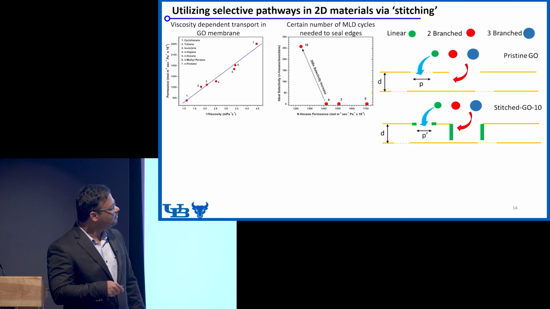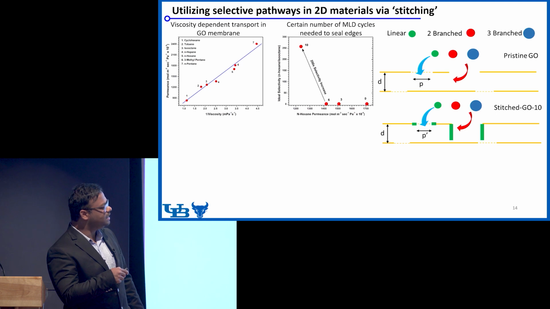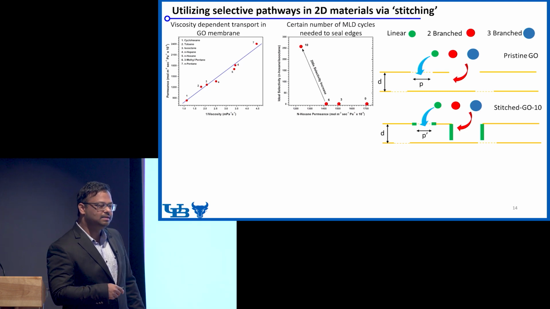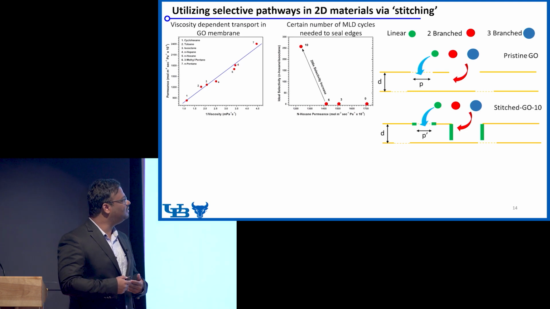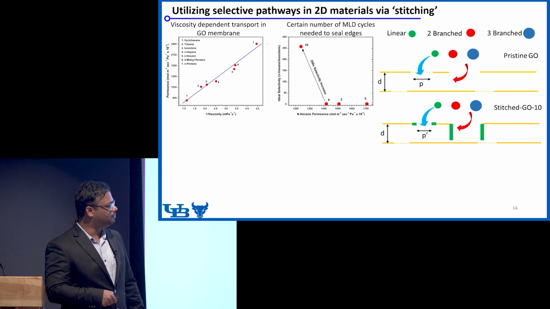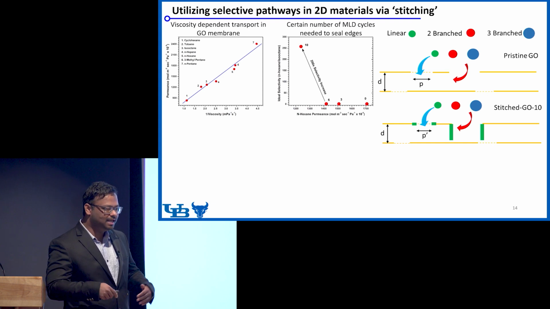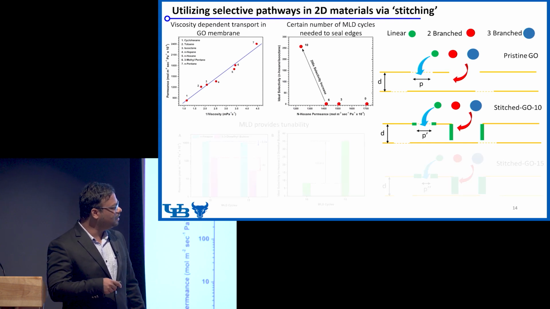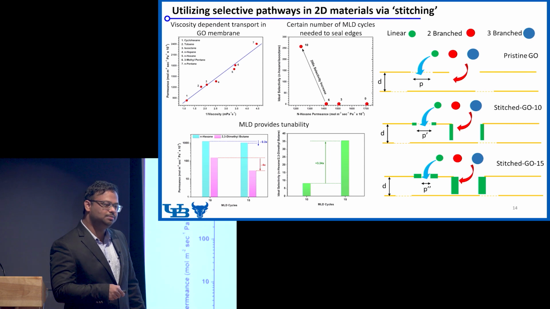If we look at the selectivity between these 2 molecules, and if we move from 0 cycles of MLD to 10 cycles of MLD, after 6 cycles of MLD there is an increment of like 250 times in this selectivity. So this can only happen if you actually block out these pathways. And then if you keep on increasing the number of MLD cycles, what happens is that you constrict these pores.